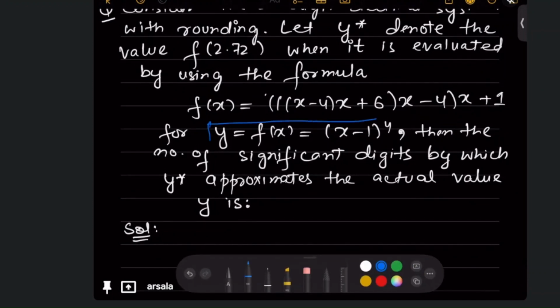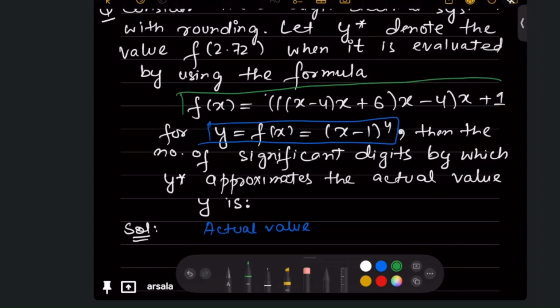This is for the actual value. And this one, which is the nested form, we use for the approximate value.